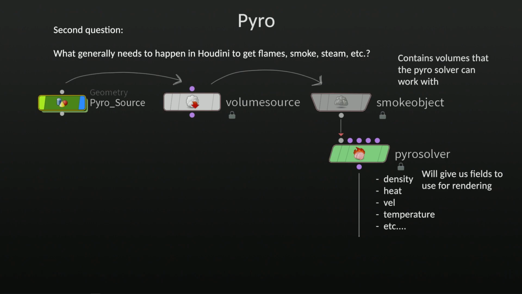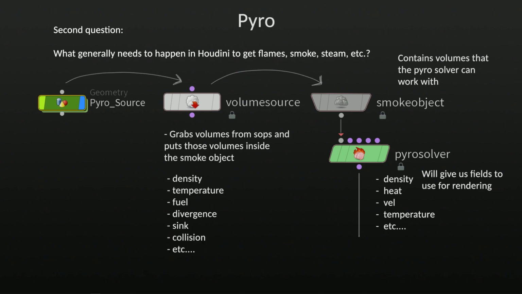So this is a little bit confusing at first, and let me try to explain what's going on. So I like to think of the smoke object as a bucket. This volume source is kind of like filling the bucket full of volumes. And so what does this do? Well, it grabs the volumes from SOPs and puts it in the smoke object. The reason why we do this is because it's going to prepare all these different fields for the smoke object so that it can work nicely with the Pyro solver.